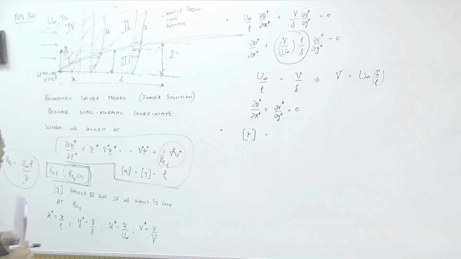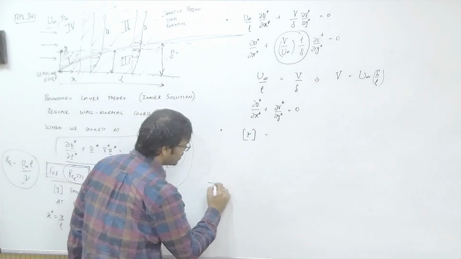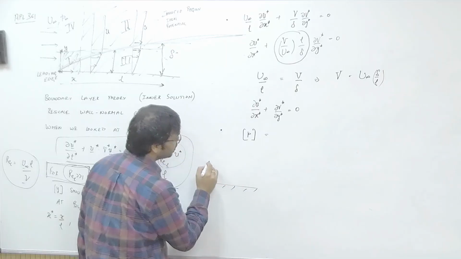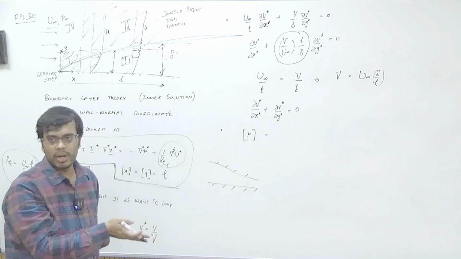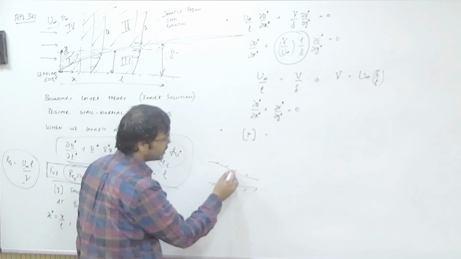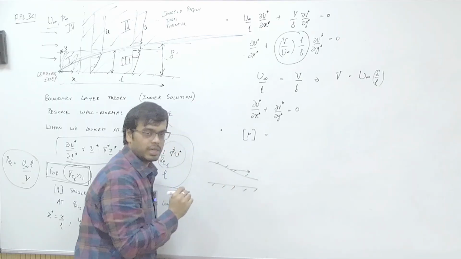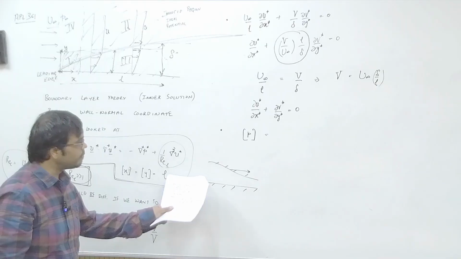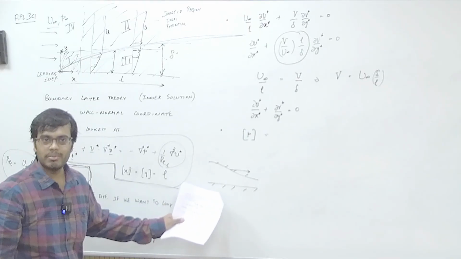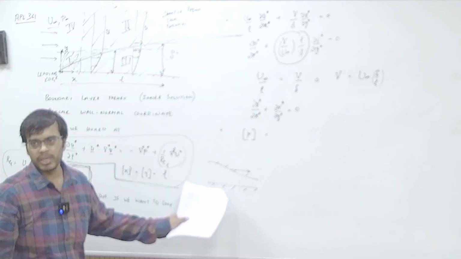If you recall, lubrication theory was dealing with problems like this. Both of these are walls and you have flow that is either driven by pressure or driven by movement of the walls, okay. If you recall, inertia was primarily negligible in our lubrication theory.